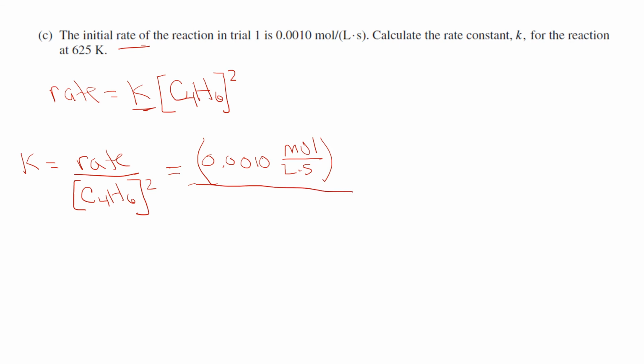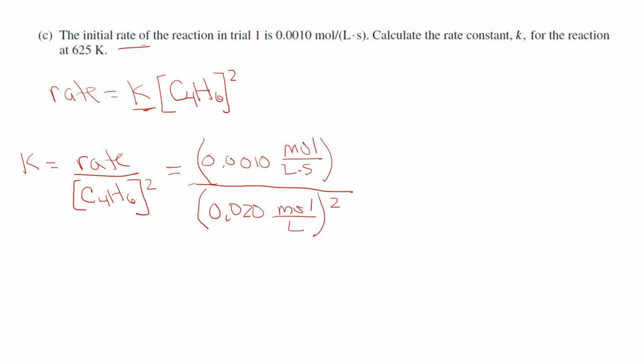Okay, from that concentration graph, we knew the initial concentration. We used that to solve our other problem. Our initial concentration was 0.020, and that is moles per liter, and I'm going to square that.